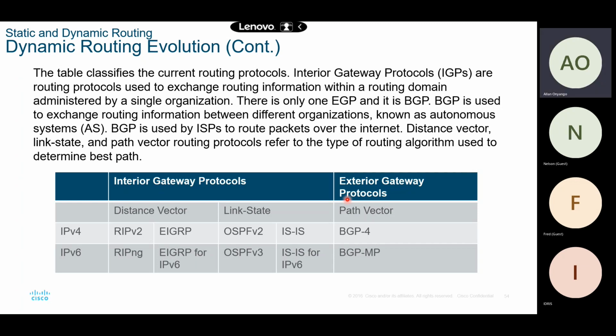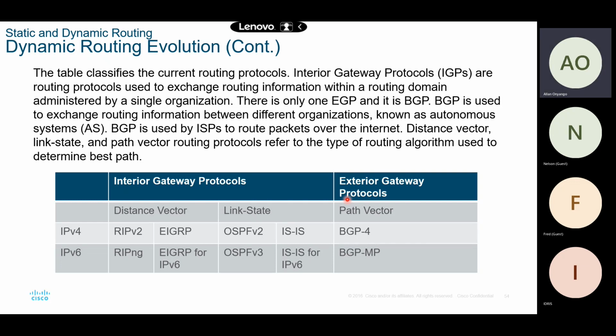Then we have the Interior Gateway Protocols. This is where we have RIP version 2, which is for IPv4, and RIP Next Generation, which is for IPv6. We have EIGRP as another distance vector protocol, and EIGRP for IPv6. So it's important to note that RIP and EIGRP are both called distance vector protocols.